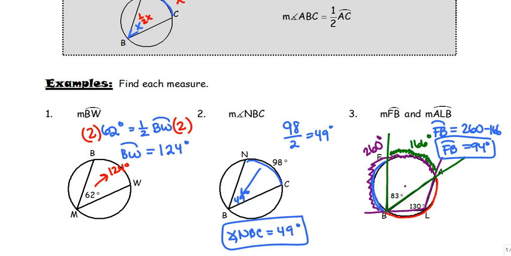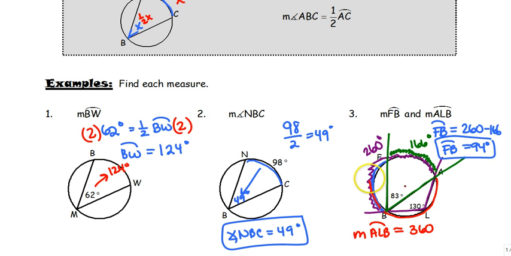Now I still have to find our arc ALB. I know that the whole thing from B to F to A, once again, is 260. Well, this is the other part of the circle. That cuts my circle into two pieces. And to find the measure of arc ALB, I know that the entire circle has 360 degrees.